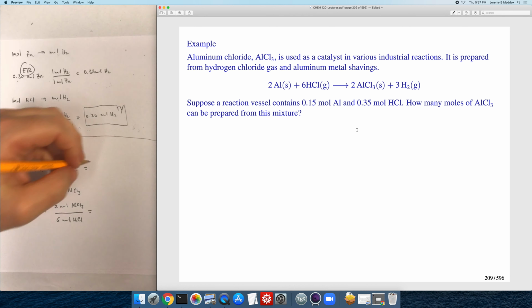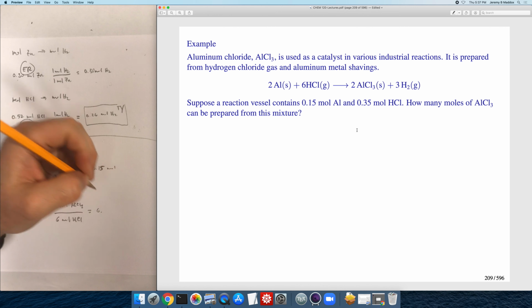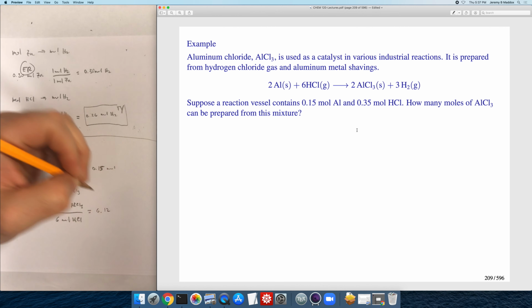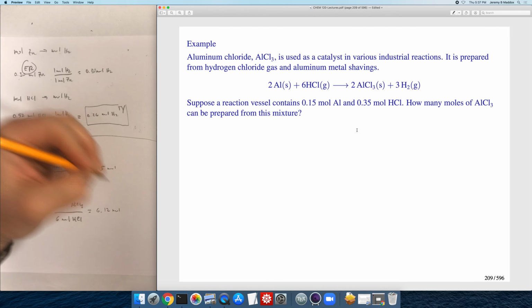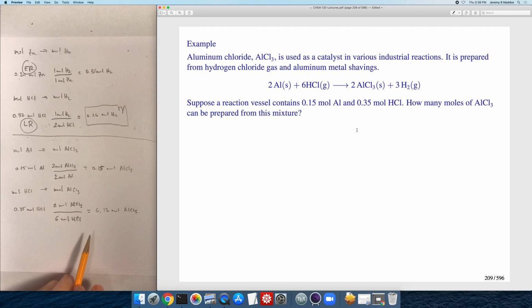So this is just 0.15 moles. And then 0.35. That gives us 0.12 moles of the aluminum chloride. And we see that the smaller number is the 0.12.